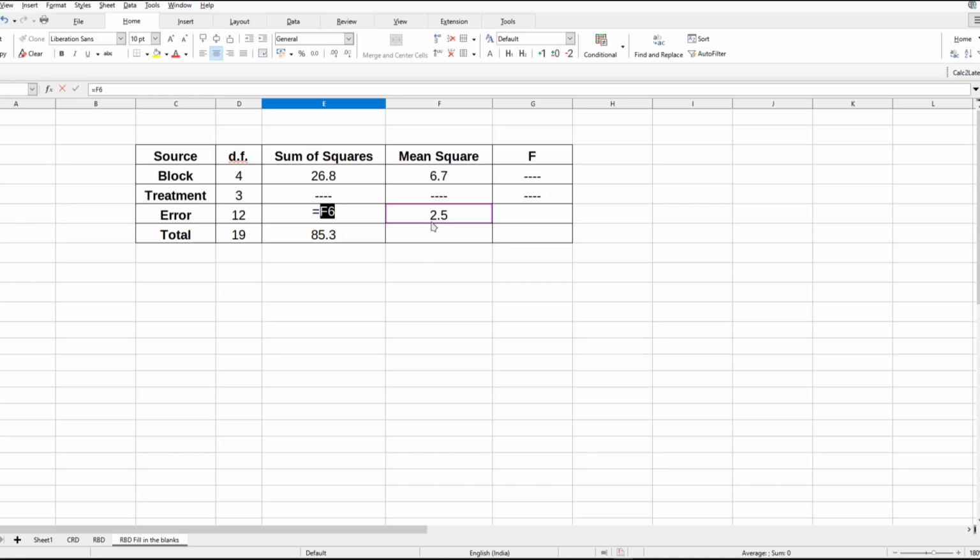So 2.5 multiplied by the degrees of freedom will give me the sum of square, which is 30, right? So we have sum of square due to block, we have total sum of square, we have error sum of square, but the thing that is missing is treatment sum of square.